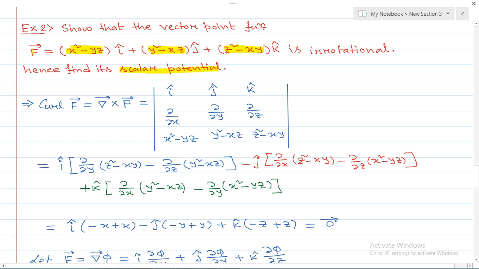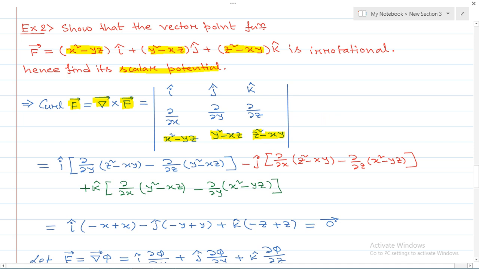So usually we have to find the curl F. Curl F equals del cross F vector, which is nothing but the determinant of i, j, k; del by del x, del by del y, del by del z; and the three components x squared minus yz, y squared minus xz, and z squared minus xy. The previous question already discussed how to calculate this determinant.